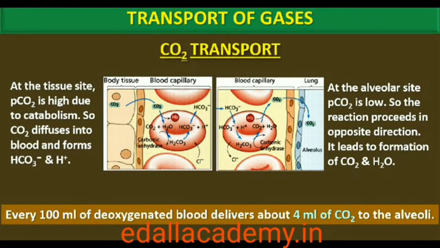At the alveolar site where PCO2 is low, the reaction proceeds in the opposite direction, leading to the formation of CO2 and H2O. Thus, CO2 trapped as bicarbonate at the tissue level and transported to the alveoli is released out as CO2. Every 100 milliliters of deoxygenated blood delivers approximately 4 milliliters of CO2 to the alveoli.